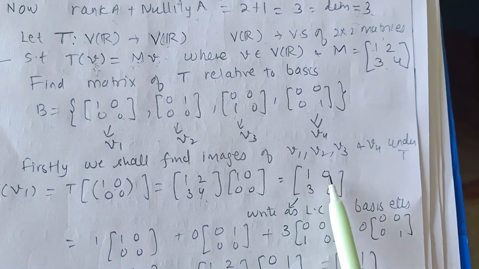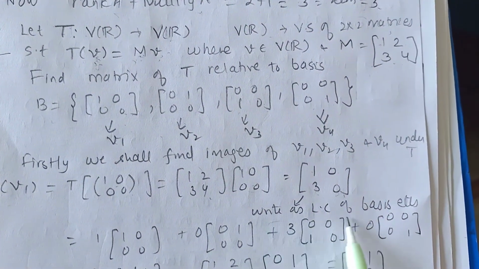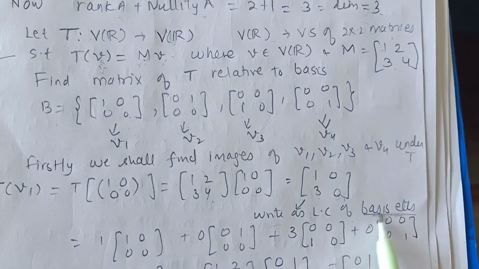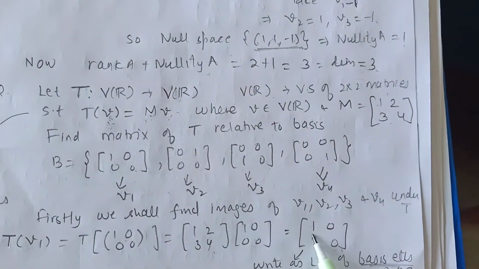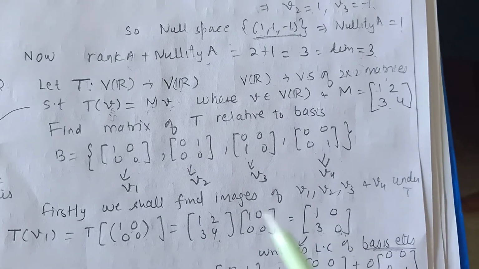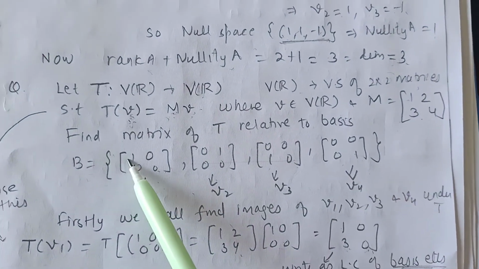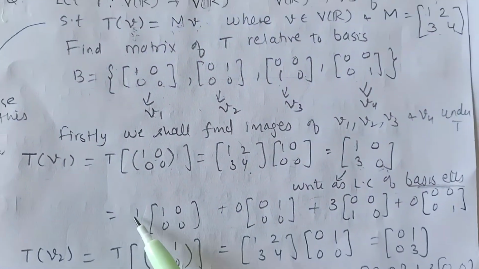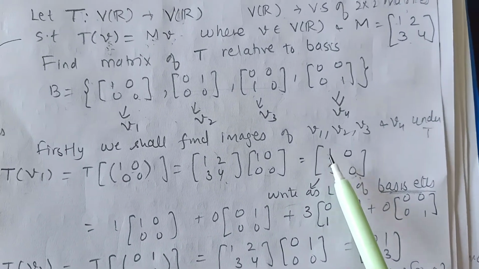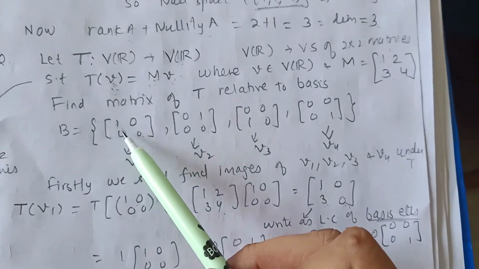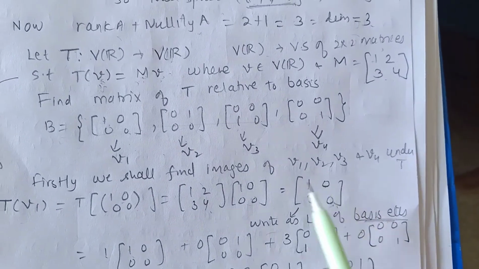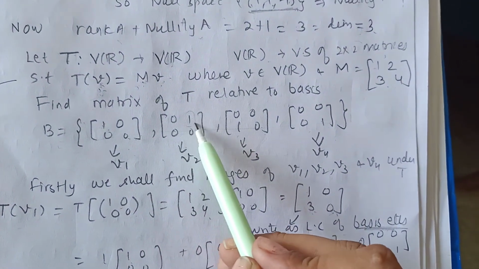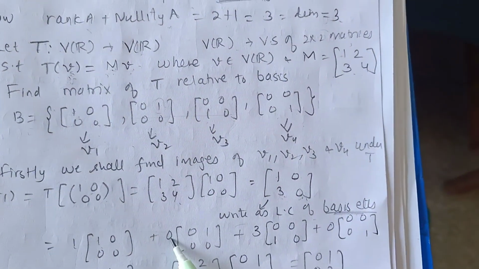Now I am writing this matrix as a linear combination of the given basis elements, these elements. So I am writing this 1 0 3 0. How can I write it like this? I need this one, so 1, or you can say I have taken 1 common from here, this matrix, plus 0 at this place. This place I do not need anything, so I have written 0 times.